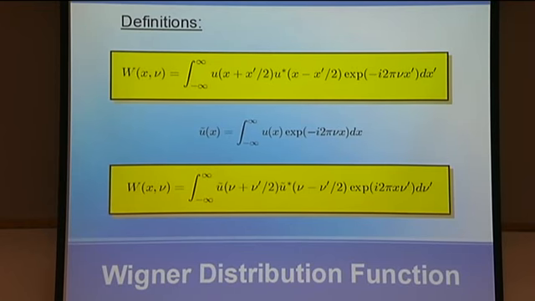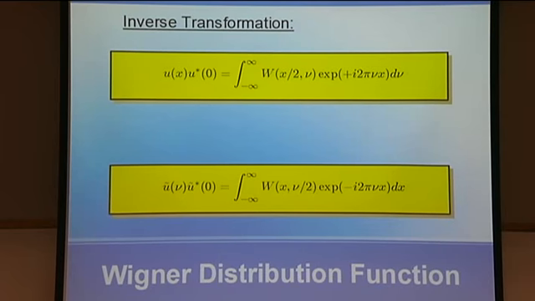This is no longer a linear transformation because we have this twice. It's a bilinear transformation. And that is giving everybody a lot of headache because everybody likes linear transformations, and the Wigner function is not giving us this, at least not just like that.